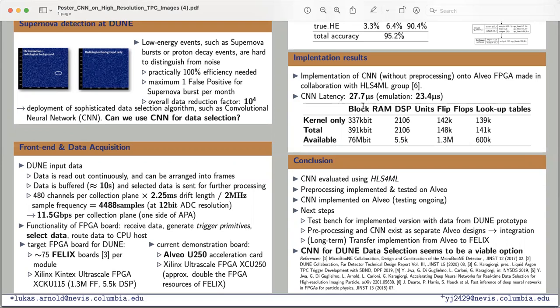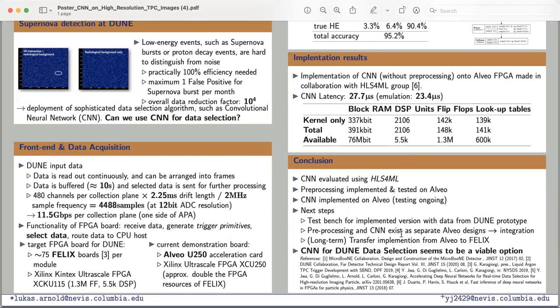And the resource usage is also very reasonable. It doesn't take a lot of resources when we look at flops and lookup tables, and looking at the DSPs, we figure that we can probably fit 2 CNNs in parallel onto the FPGA. But right now we just implemented one FPGA kernel, one CNN.